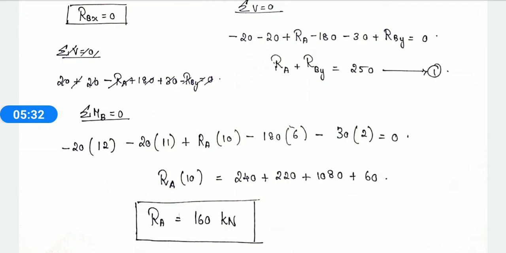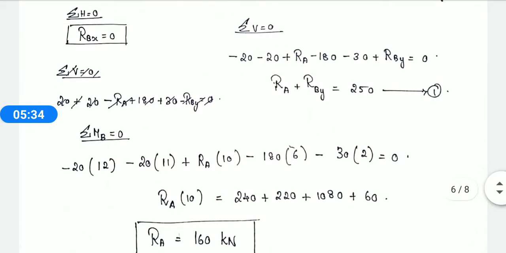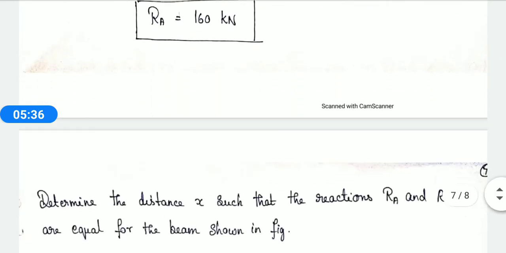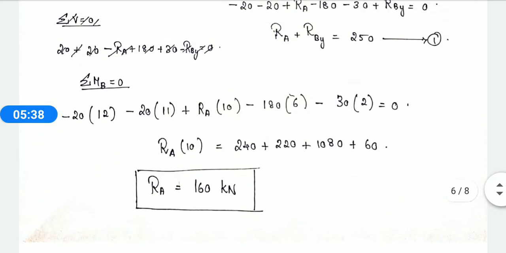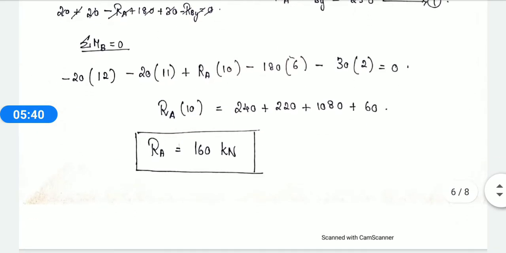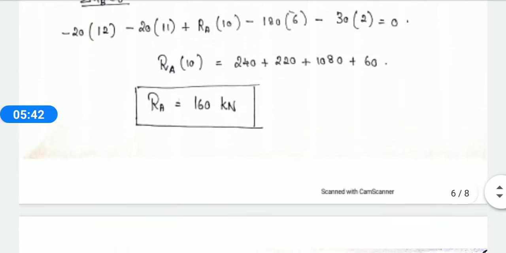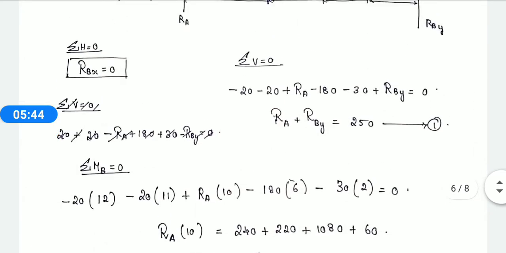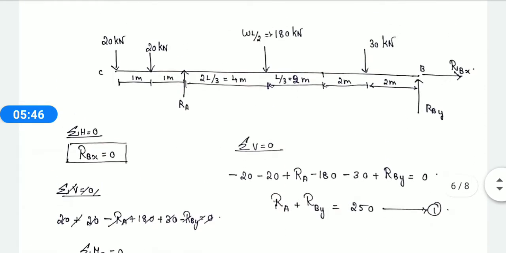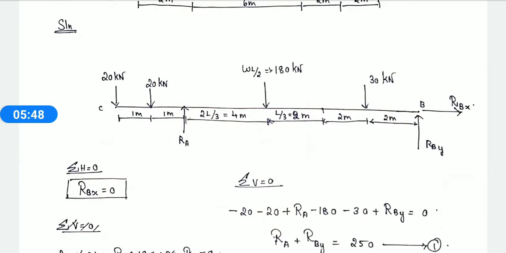Substitute this RA value in equation number 1. So you'll get what is the RBY value. I had not done that. Okay, there is a mistake. You have to take all the values, that is RA, RBY and RBX.